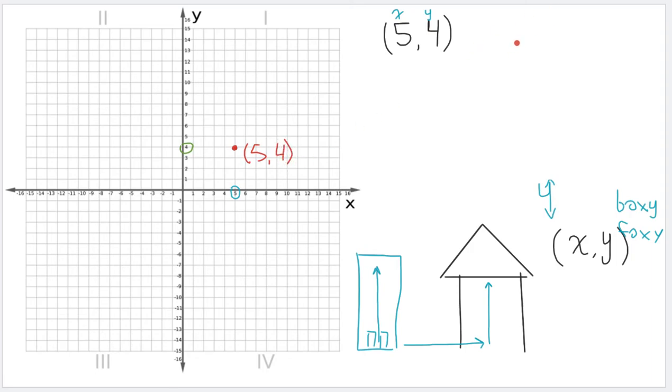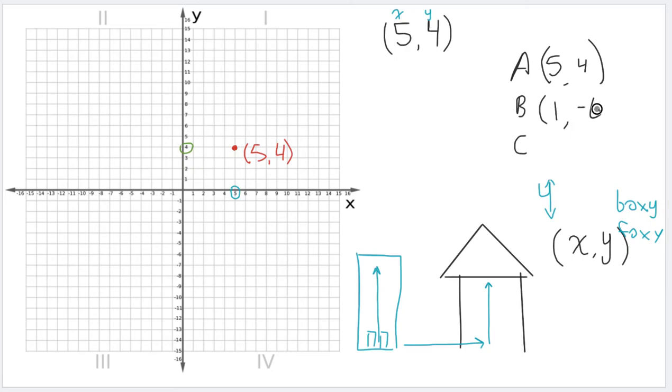Sometimes what I do to make your life easier, I'm going to change colors again, is I might actually pre-label some coordinates, some ordered pairs. I might say A, B, C. In this case, A is going to be 5 and 4. Let's say B is going to be 1 and let's make it a negative this time.